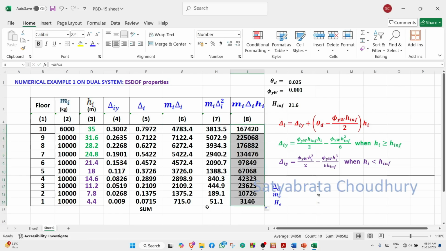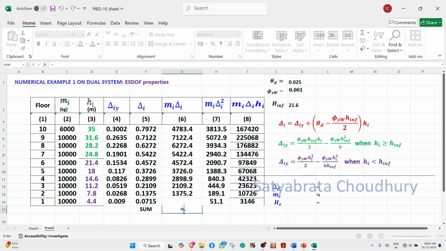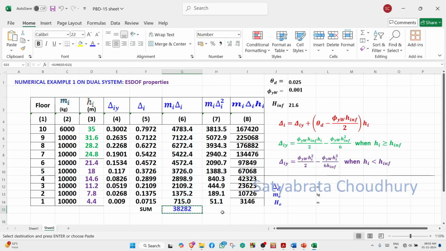Okay, now you require the sum of these last three columns. So equal to this sum. I can copy this formula over the other columns for getting the results.